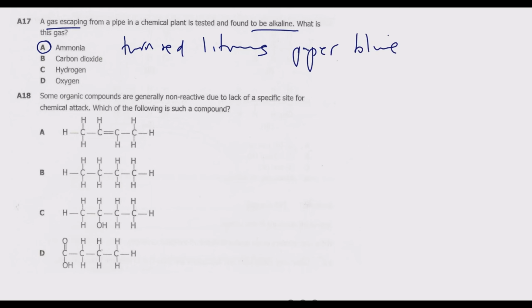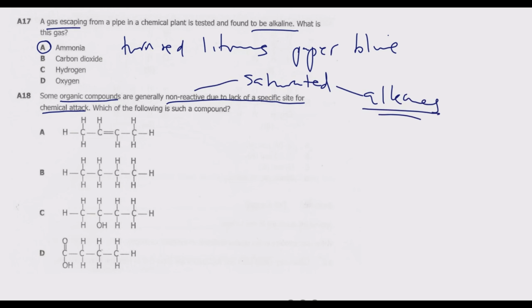Then we go to number 18. Some organic compounds are generally non-reactive due to lack of specific site for chemical attack. Which of the following is such a compound? So we know that this is an organic compound and is non-reactive due to lack of this. So non-reactive means it's saturated. So the saturated compounds, these are alkanes.